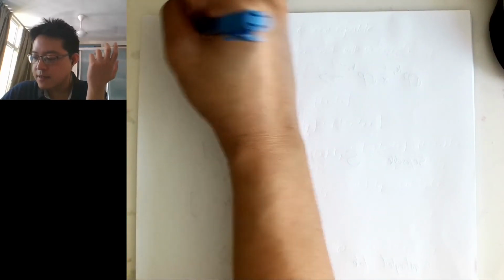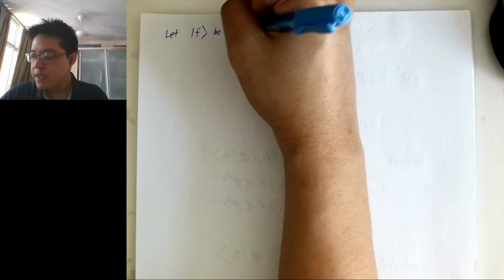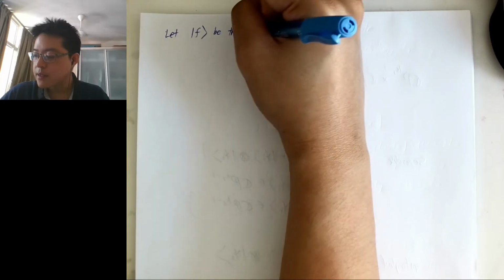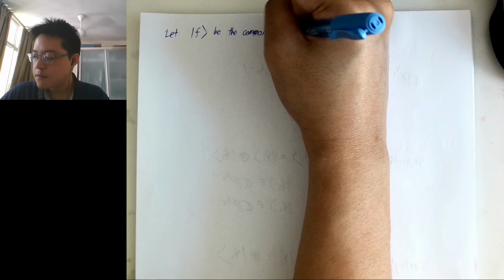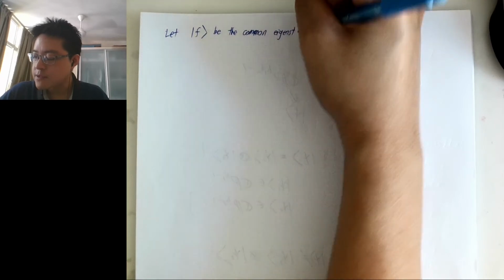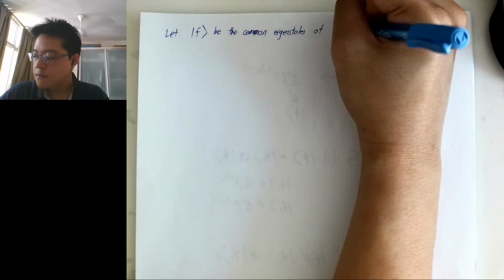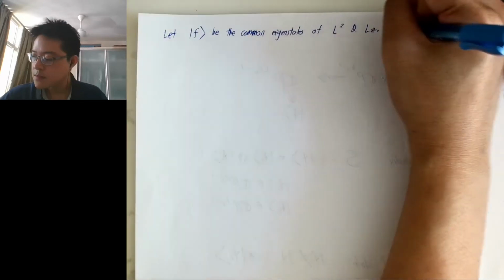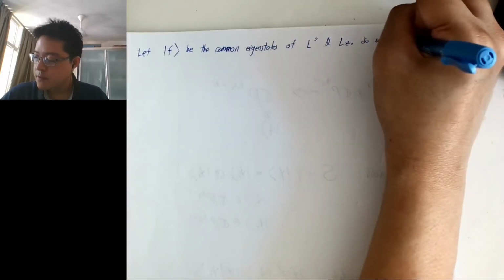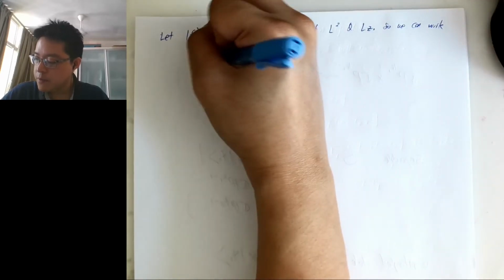So let whatever this is, F, be the common eigenstates of L square and Lz. Okay, so that means we can write L square operating on F.